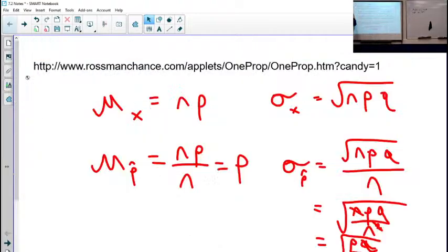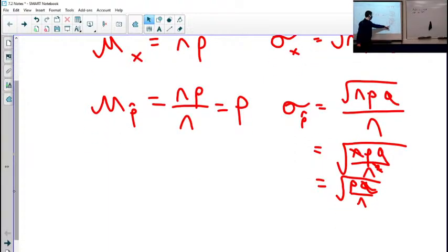And you can see that in the formula. If I make n bigger, then the number at the bottom, the denominator, gets bigger, which is going to make the overall number smaller. So a larger value of n means a smaller value of standard deviation. And you'll see that in the formula in the next section as well.